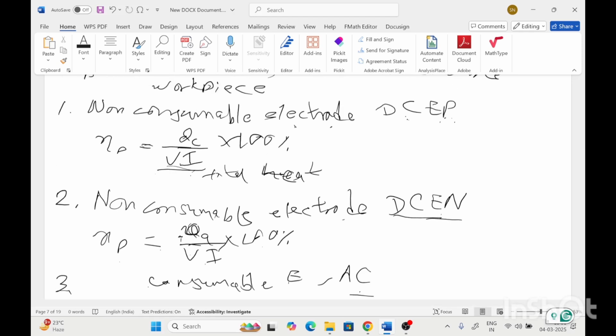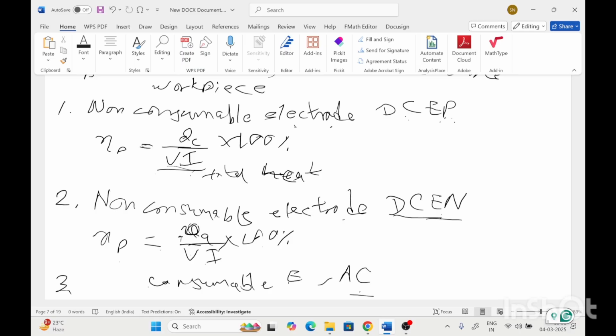So we use different polarity according to the requirement of the process. If I want high melting of the electrode, then I should go for DCEN.